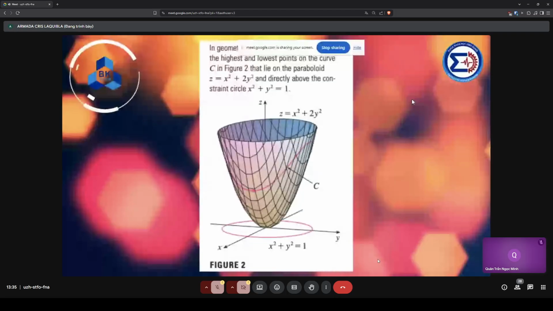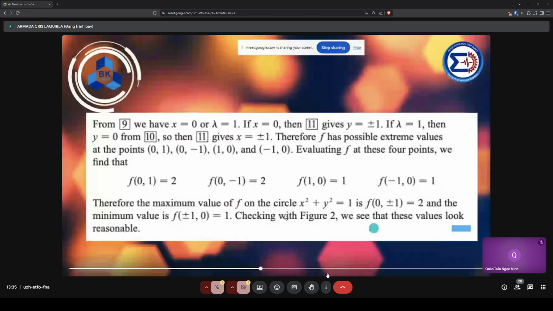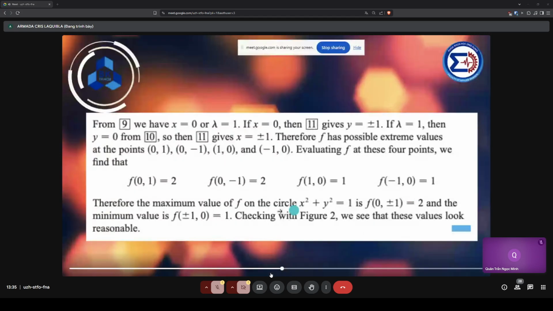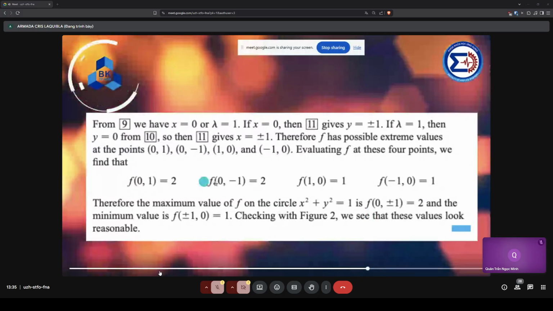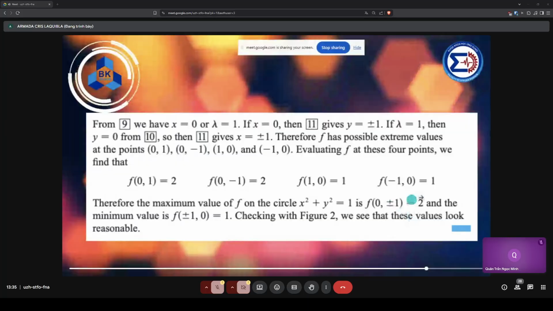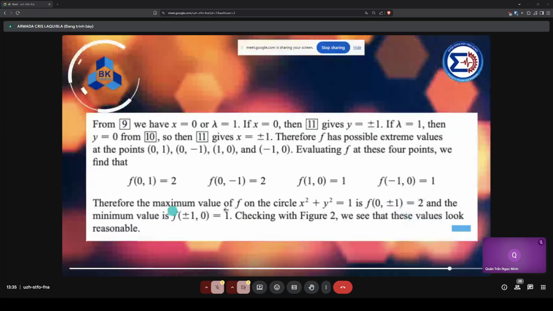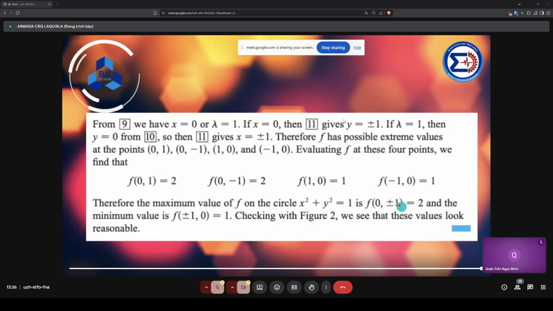So we get the following values. For the maximum, as you can see, it's the 2, right? Because the other answers here are all 1. So the maximum value of f is f of 0, 1 and f of 0, negative 1. The answer is 2. Again, class, the maximum value is 2 at the 2 points: 0, negative 1, and 0, 1.